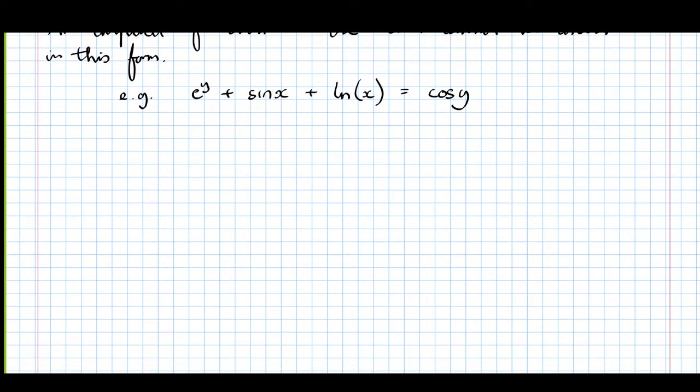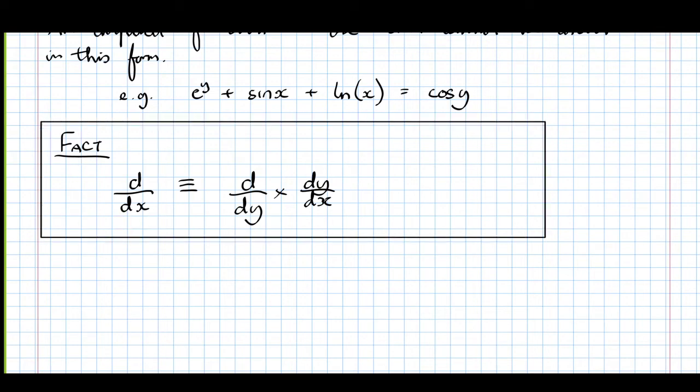So, a fact that we're going to convince ourselves of, that differentiating with respect to x is the equivalent, it's identical, to differentiating with respect to y, then timesing by dy by dx. So have a stare at that and pretend, even though it's not, pretend dy by dx is a fraction.